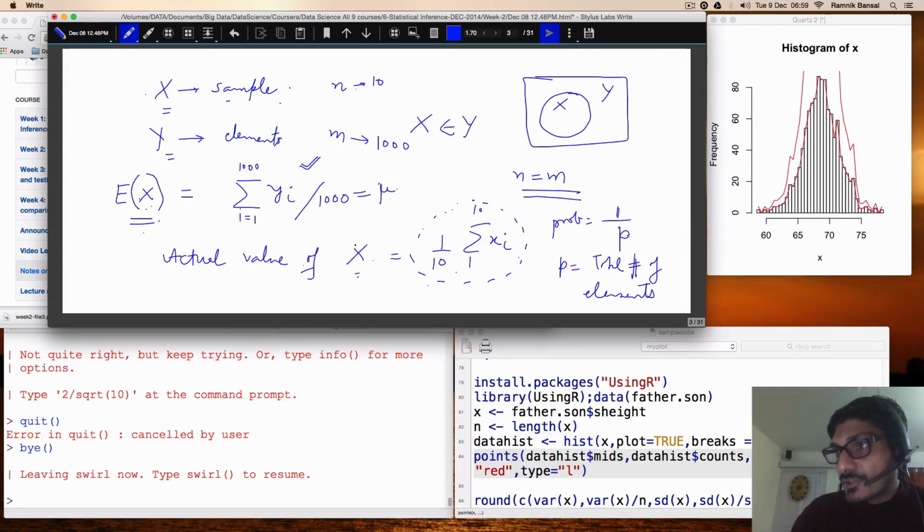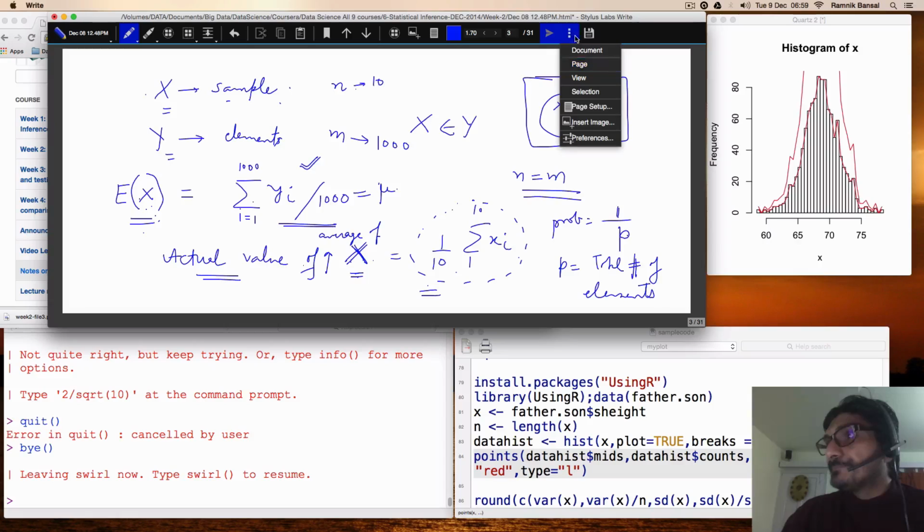So this is x, not the expected value of x. I'm saying my expected value should be this, which is nothing but mu. So this is the actual value of the average of x.